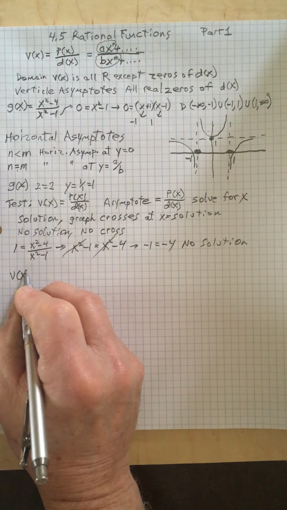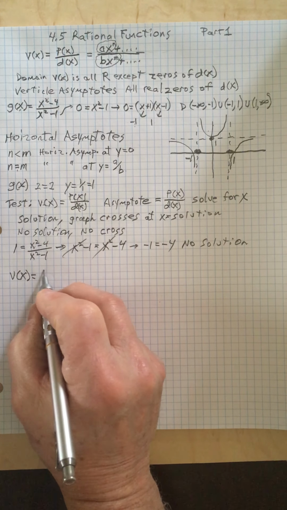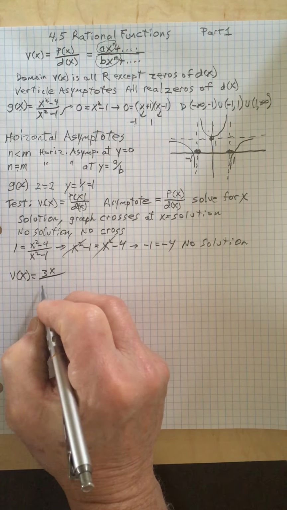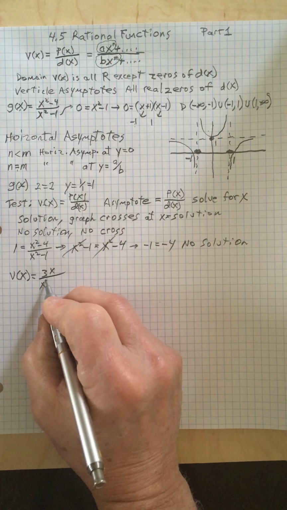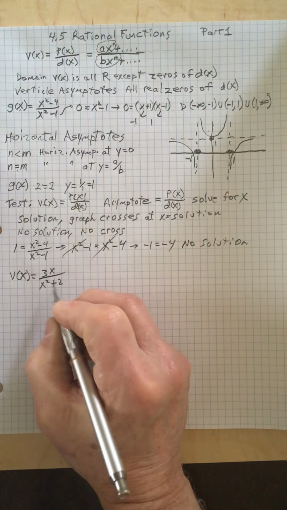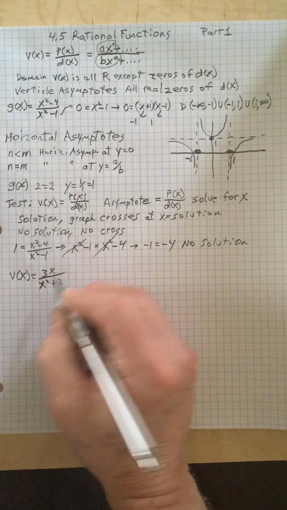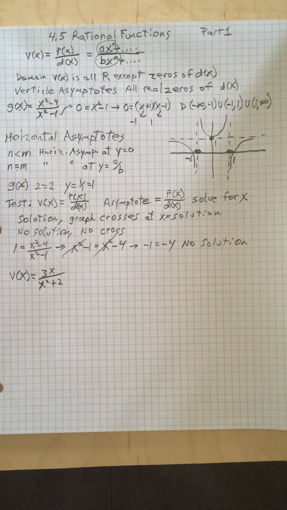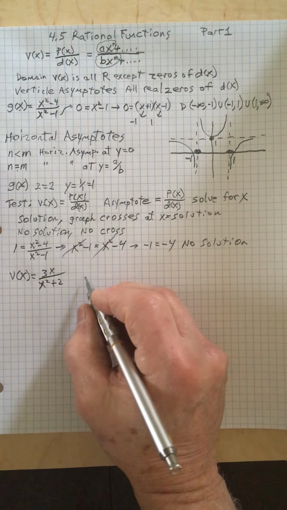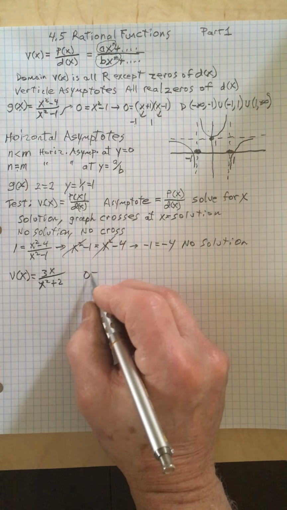Let's try this one. Okay. 3x over x squared plus 2. Let's take a look at the bottom. What are the zeros of this thing?